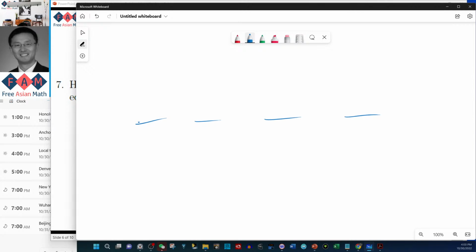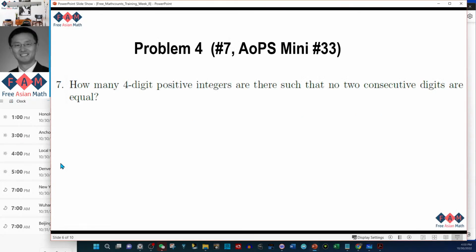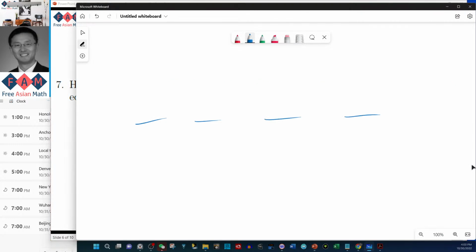So perhaps a better way is to combine casework with complementary counting, where you just look at how many ways you will have at least some consecutive digits. So you have exactly 1 consecutive pair, or you have 3 consecutive in a row, or you have all 4 consecutive, because you only have 4 slots here. Do that casework, then do the complementary counting to subtract this from the total possibility.